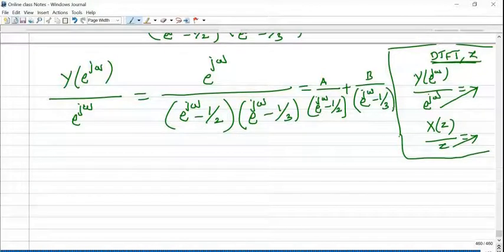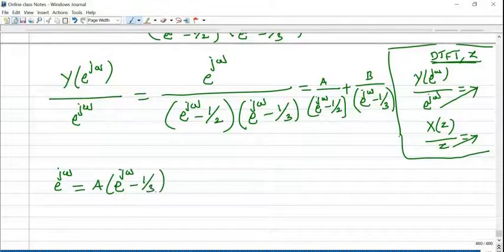So solve it by the partial fraction method and find out A and B. e power j omega equals A times (e power j omega minus 1 by 3) plus B times (e power j omega minus 1 by 2).